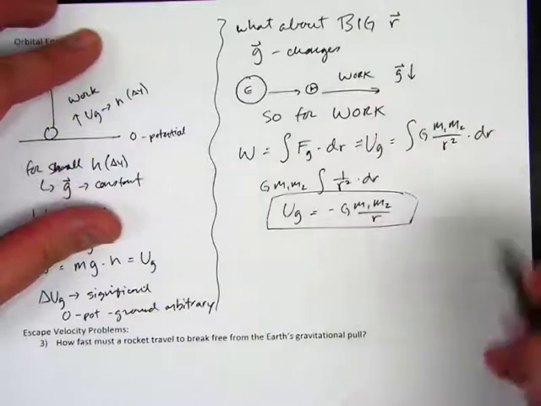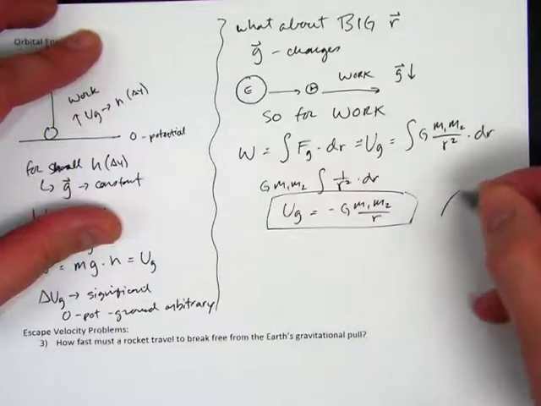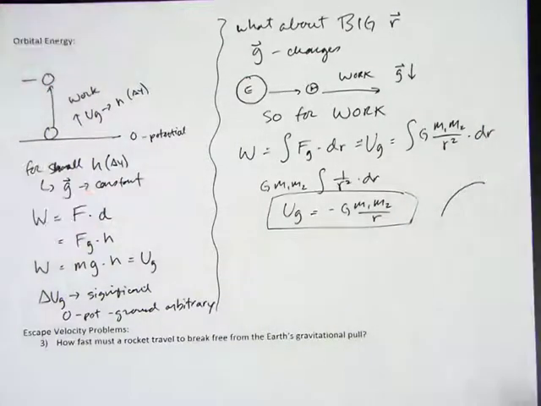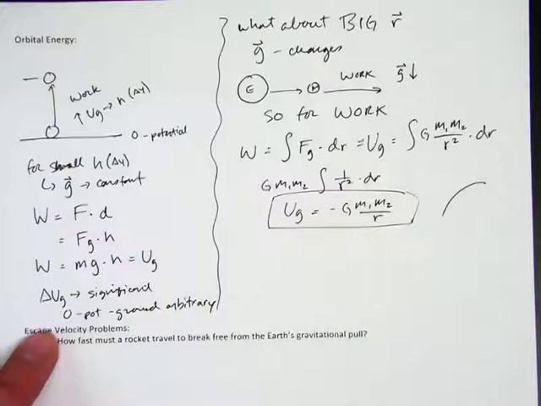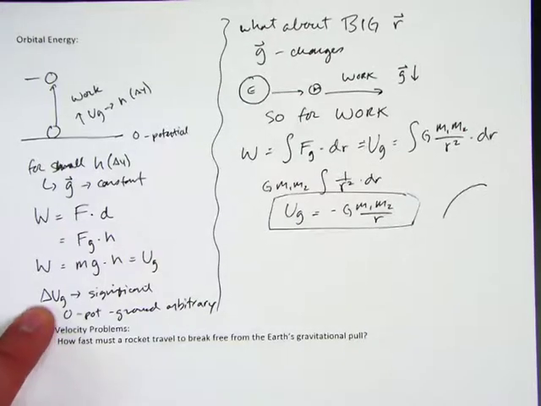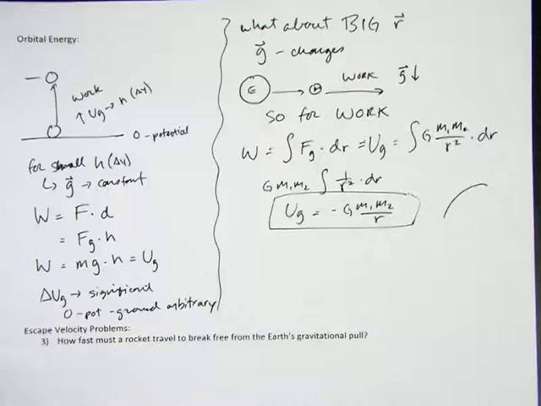So when I plot negative inverse of r, I get a graph that looks something like this. So now remember, just like over here, when we're dealing with potential energies, it's the change that's significant. It's not the overall magnitude. So I can set my zero potential wherever I want, and then it's how the potential energy changes from one point to another relative to that zero that is significant.